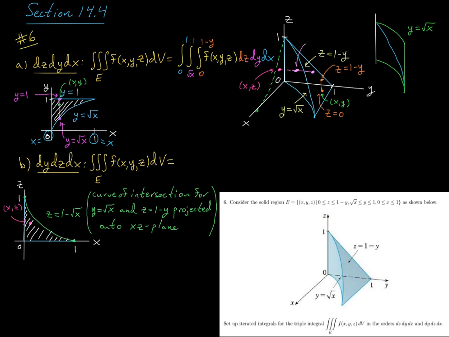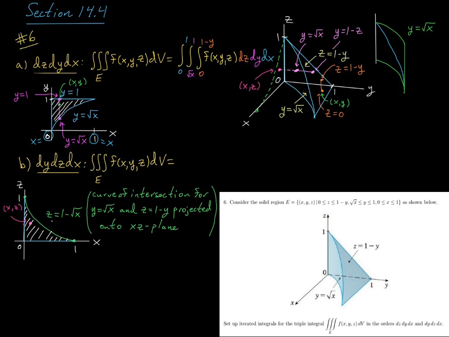Okay, so in other words here, y will vary from the cylinder when y is the square root of x out to this spot right here when y is what? When y is 1 minus z. Just rearranging the plane equation to solve for y. All right, cool.